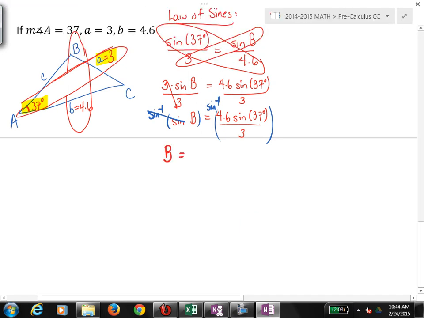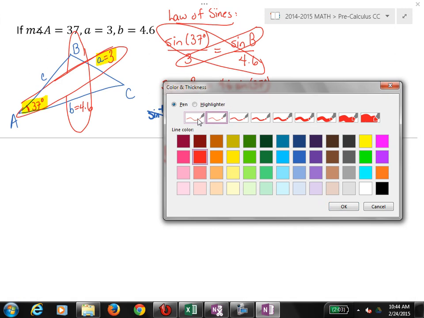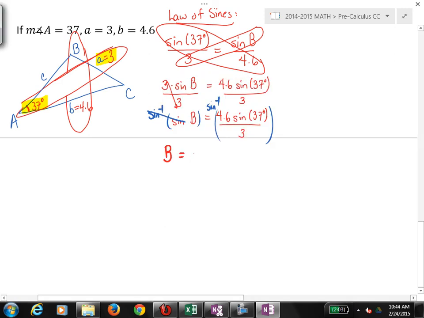B is equal to, and I'm going to give the exact answer. Arc sine of 4.6 sine of 37 degrees divided by 3. Now, you guys give me the approximation with your calculator.